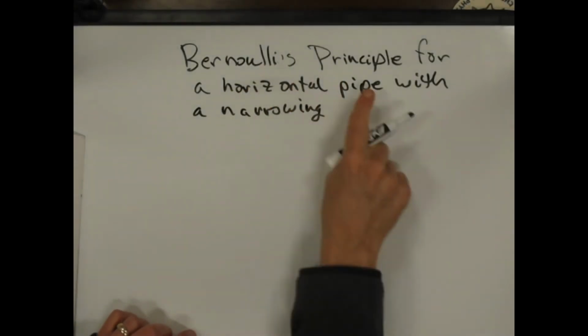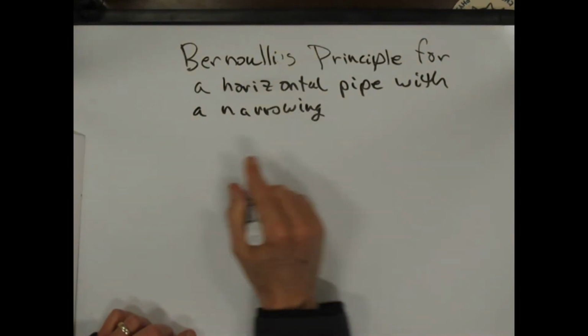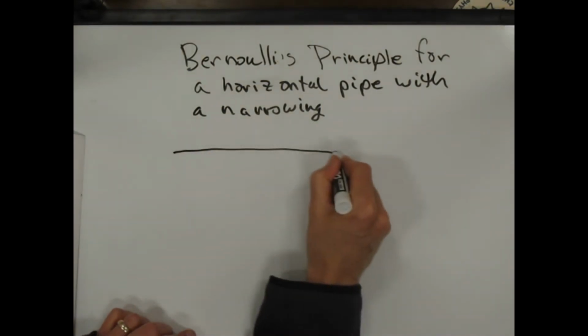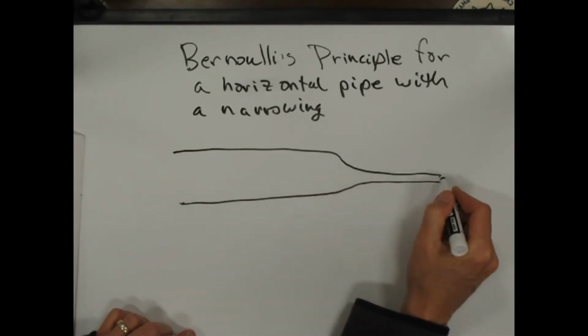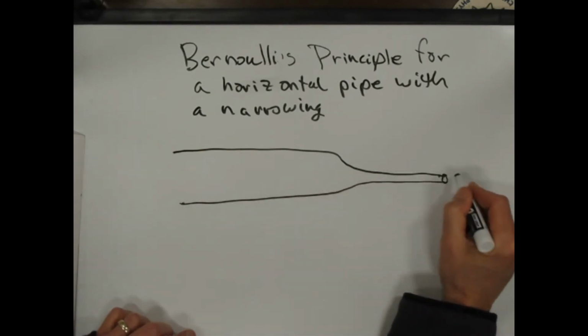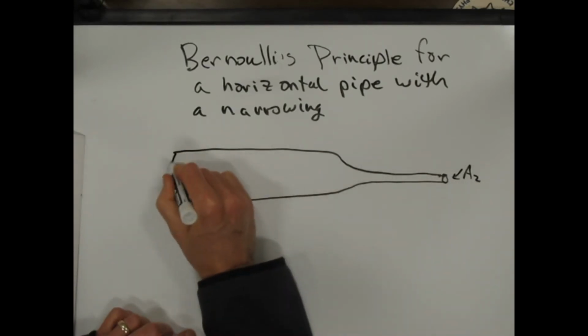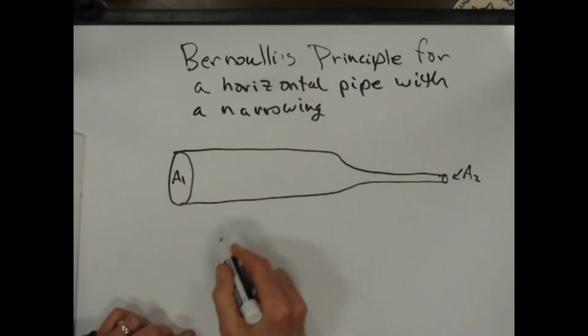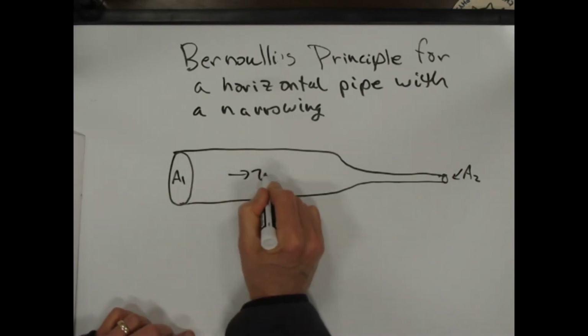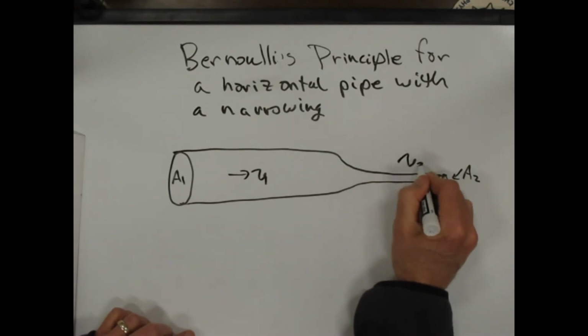So we can also look at Bernoulli's principle for a horizontal pipe with a narrowing. Here's the kind of thing we were talking about before, and we can have area A2, and over here we have area A1. And so I have V1 in this region and V2 in this region.